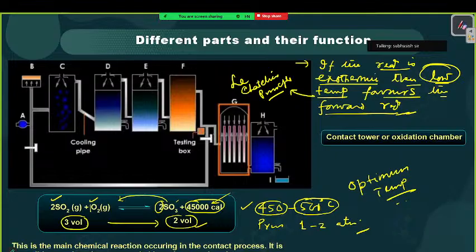So step G is over, and sulfur dioxide is converted into sulfur trioxide after this process.